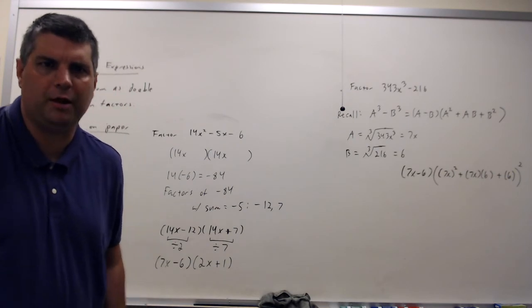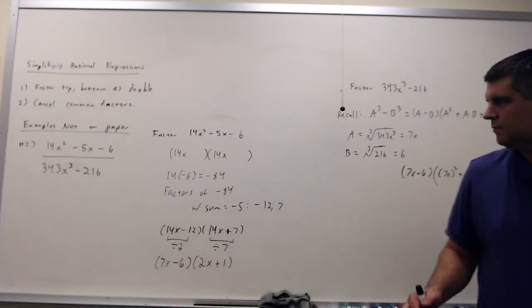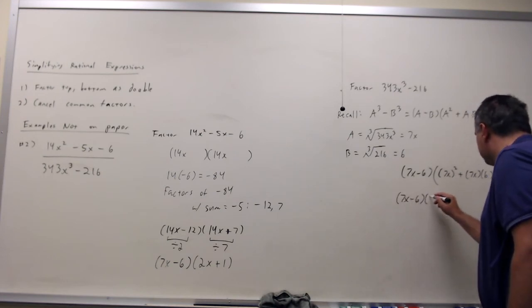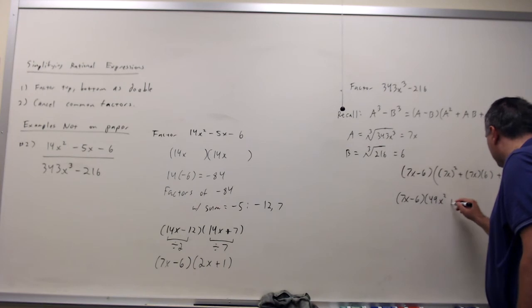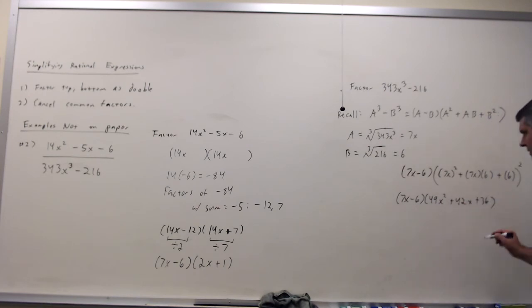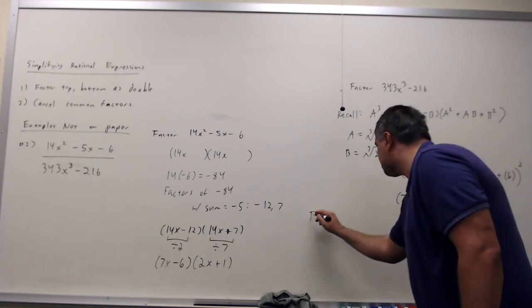Following the formula, that will give me 7x minus 6 times 49x squared plus 42x plus 36. Finish.